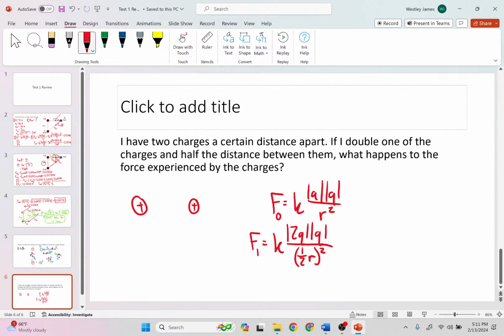So you pull the 2 to the front. Let me just go ahead and do the bottom. So the bottom there is K, Q, Q, whatever, they're absolute values. That's 1/4 R squared. Dividing by 1/4 is the same as multiplying by 4.